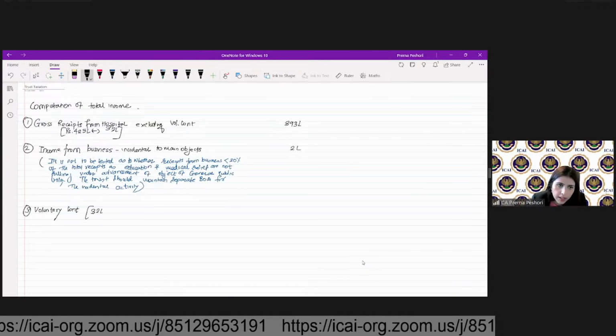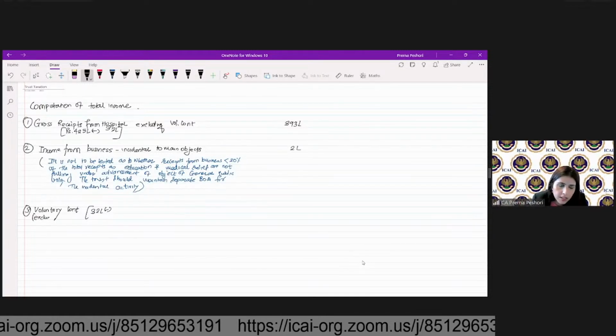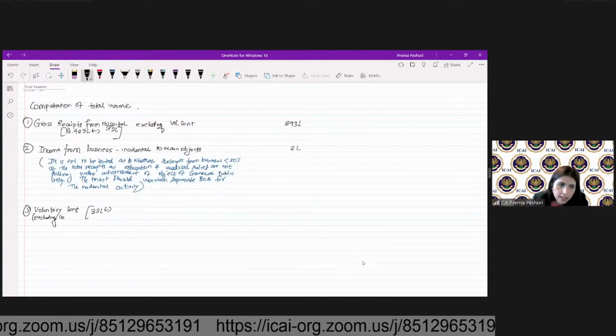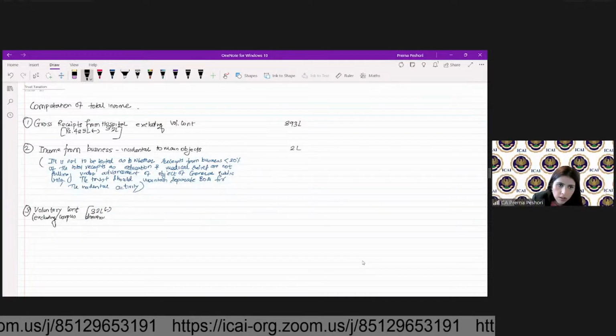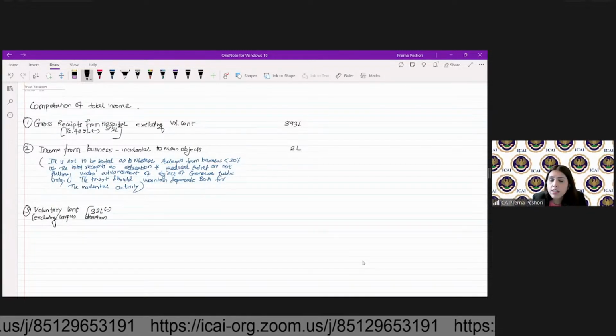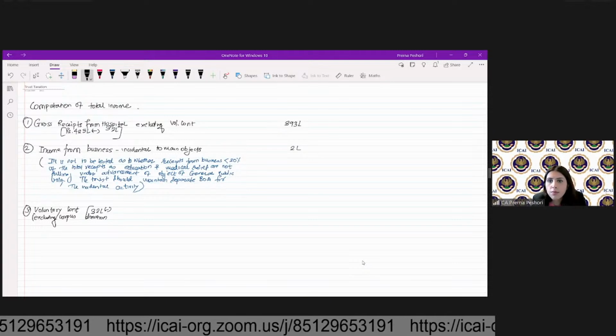So 32 lakh, from this we are excluding the corpus donation. Right? We are excluding the corpus donation from this. What is the corpus donation amount? It is 3 lakh.